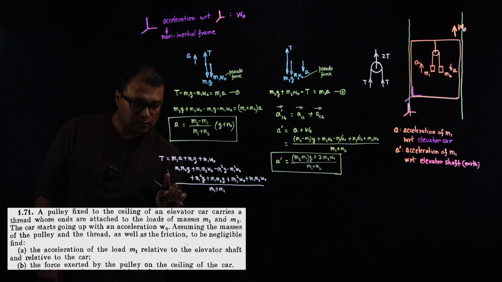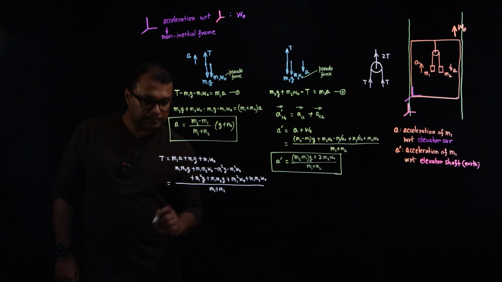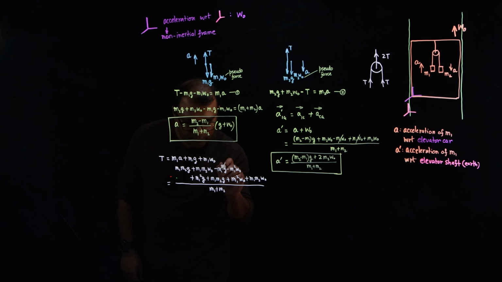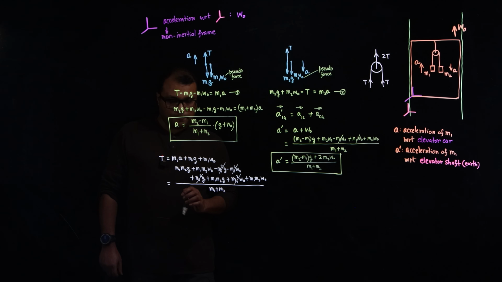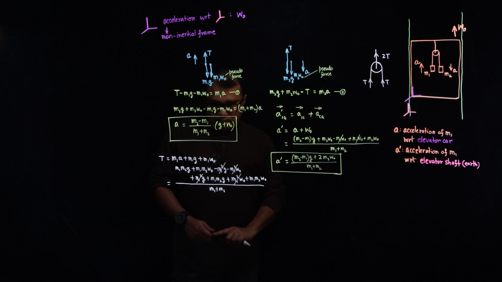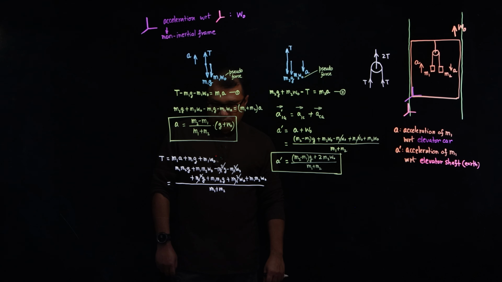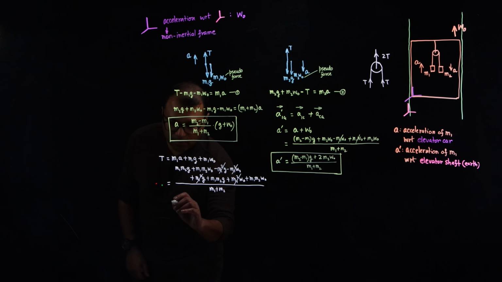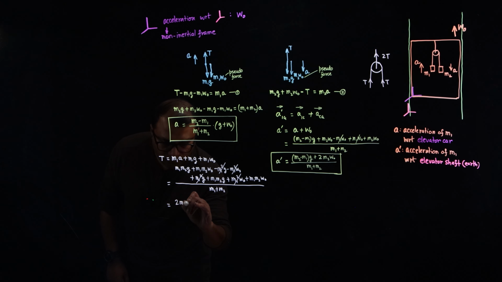Let's just move this to here. Now we can see m1 squared g, m1 squared g, m1 squared w0, m1 squared w0 cancel. So now we have 2 m1 m2 g, 2 m1 m2 w0. Okay. So 2 m1 m2 (g plus w0) by (m1 plus m2).